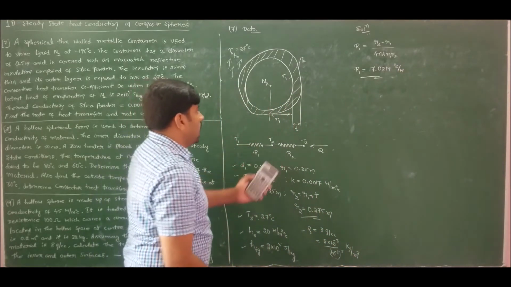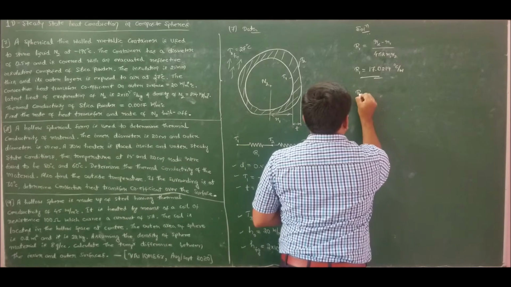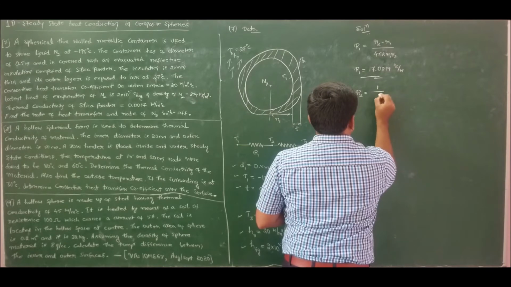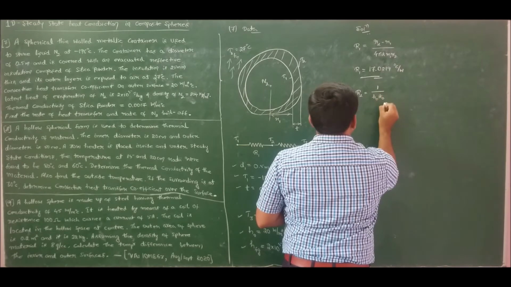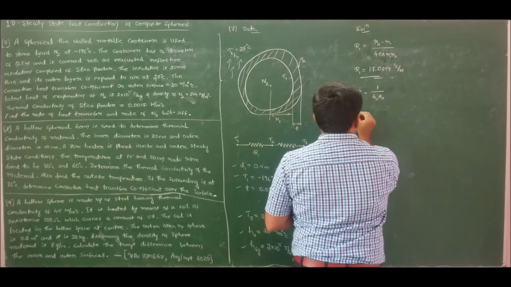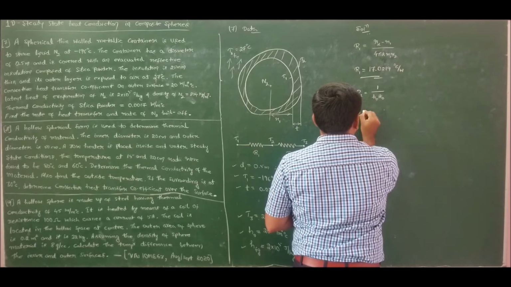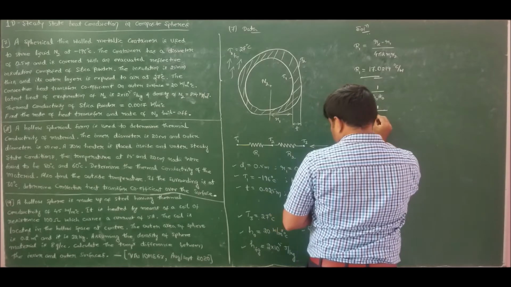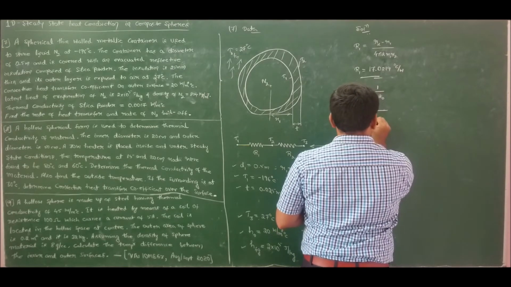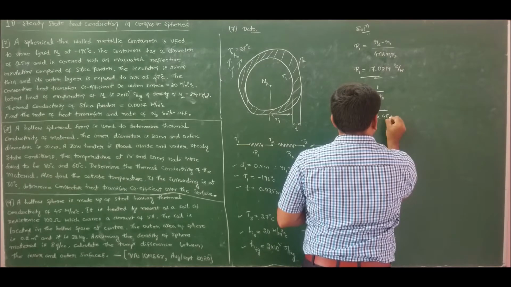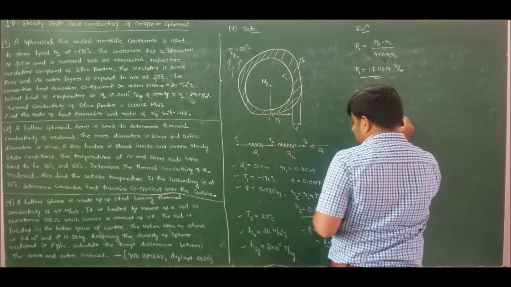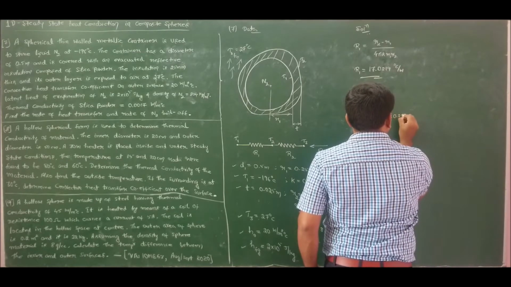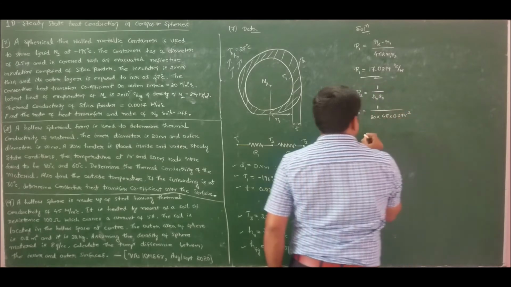Now coming for R2, if I calculate, R2 is because of convection. So therefore, R2 is equal to 1 by h0 A0. For sphere, area is 4 pi r square. So R2 is 1 divided by h0 A0, where the convective transfer coefficient h0 is given to us as 20, and area is 4 pi R0 square, where R0 here is 0.275.